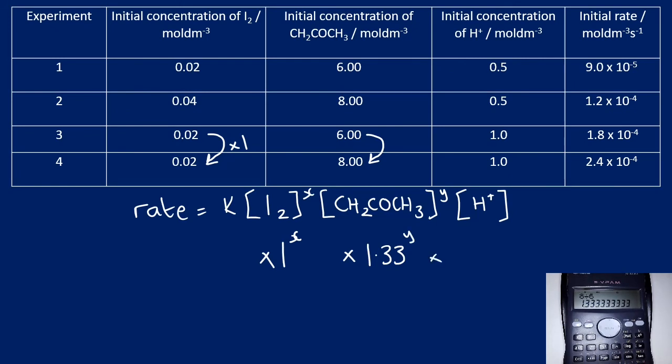And what's happening to the H+? Well, that's just remaining the same, 1 to the 1. And what's happening to the rate? Well, it's going from 1.8 to 2.4 times 10 to the minus 4. And that's 1 1/3.